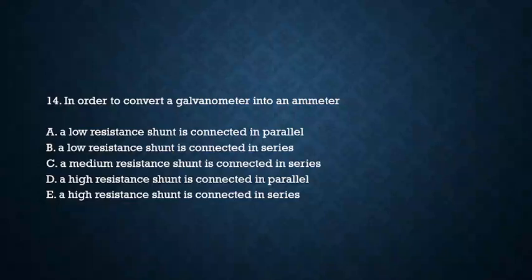Question number 14. In order to convert a galvanometer into an ammeter, A, a low resistance shunt is connected in parallel.